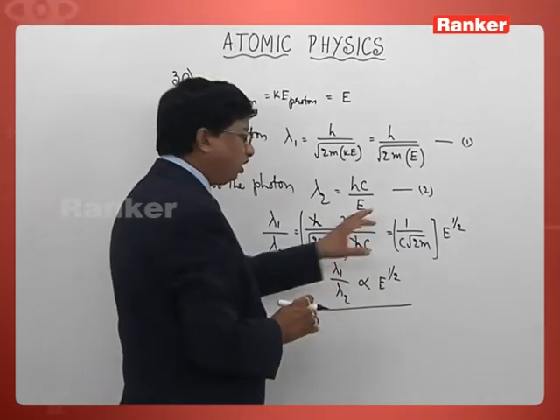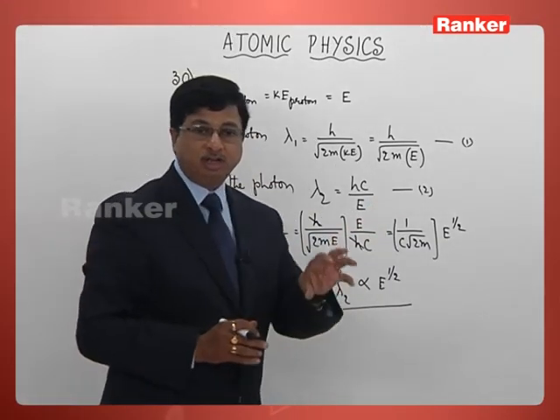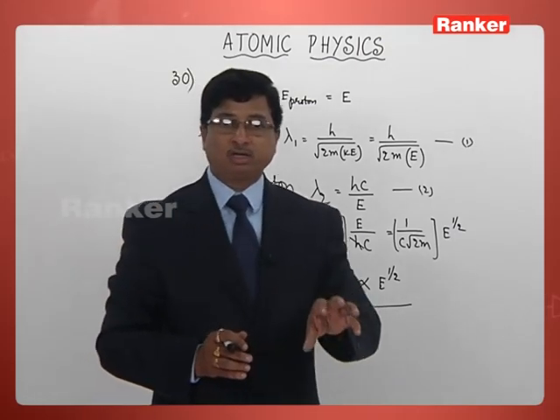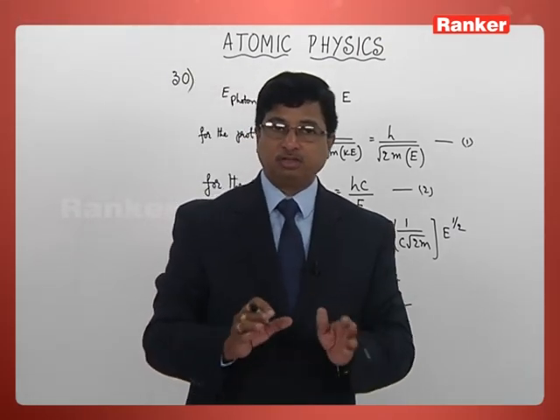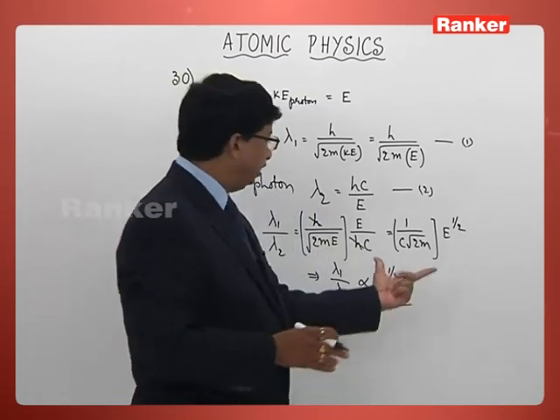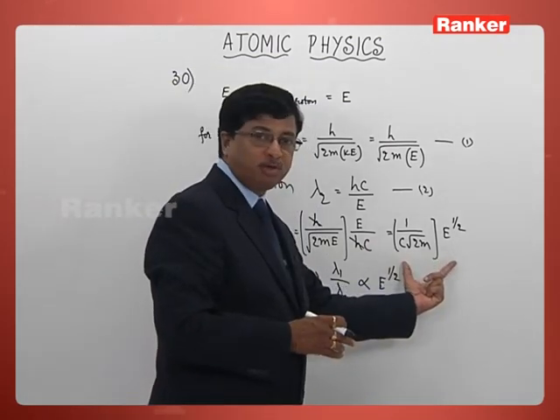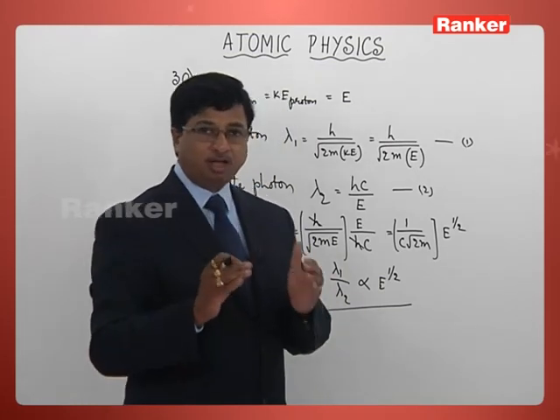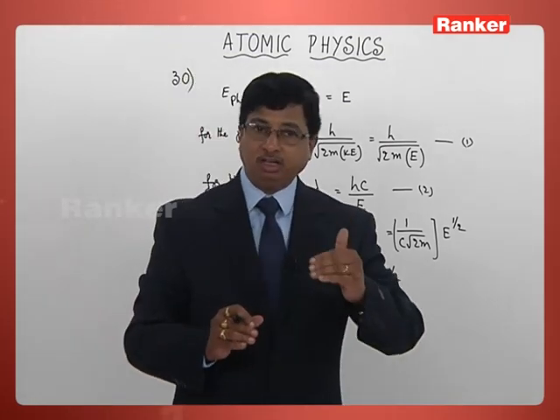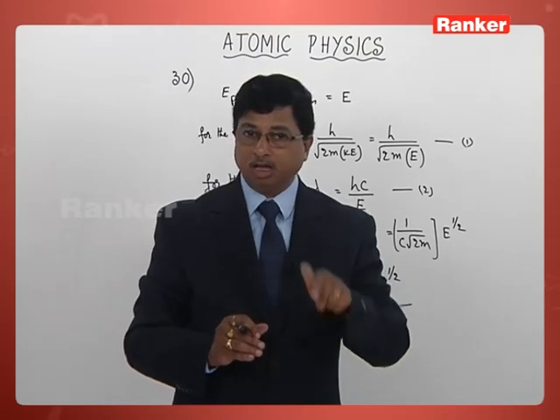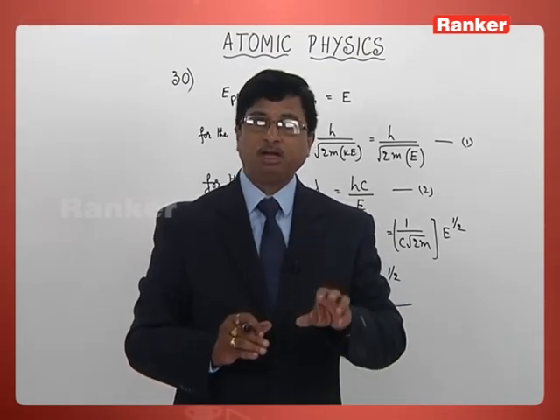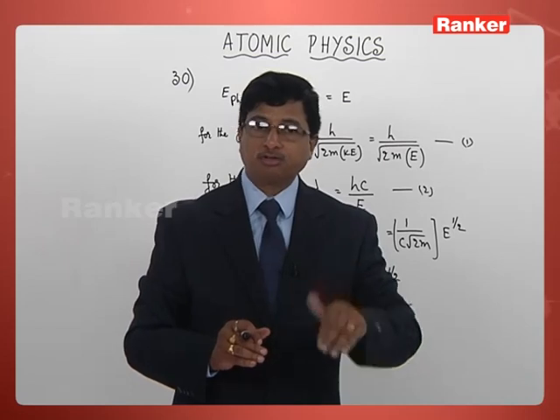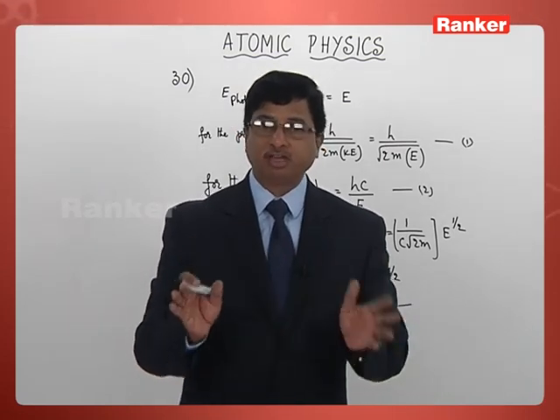So that is what he is asking you. It is directly proportional to what is the question. He is not asking you the complete equation. Complete equation means you should have mentioned this one as the answer. But he is not asking you that way. He is simply asking you how the energy is related to lambda 1 by lambda 2. In what manner lambda 1 by lambda 2 is proportional to that energy. That is what he is asking.